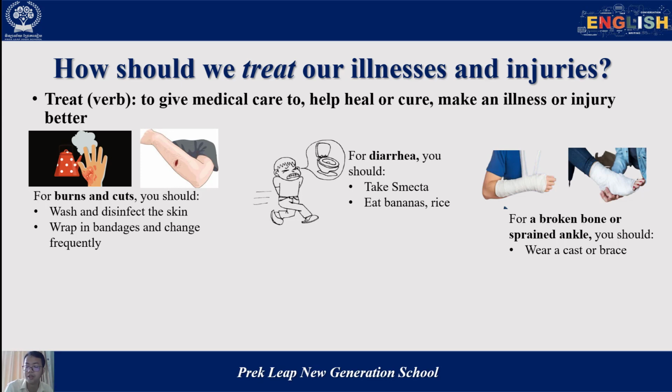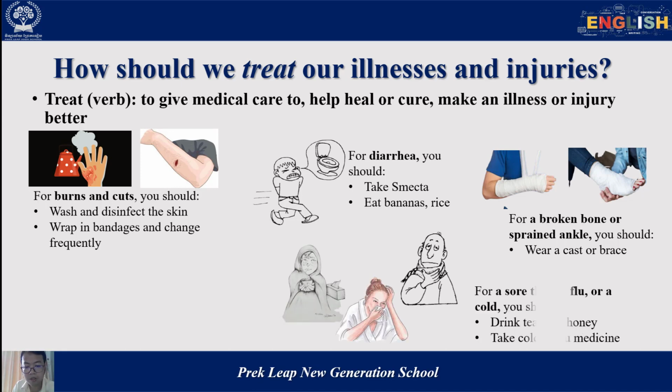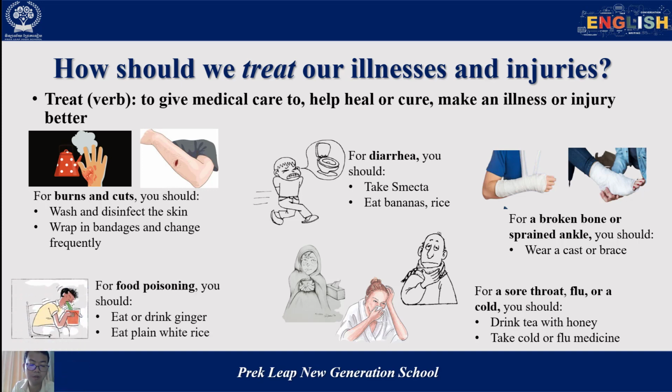You should wear a cast and or brace. Yeah. And if you got a cold, sore throat, or flu, you should drink tea with honey, take cold or flu medicine. And the last one, if you have food poisoning, you should eat and drink ginger, eat plain white rice.